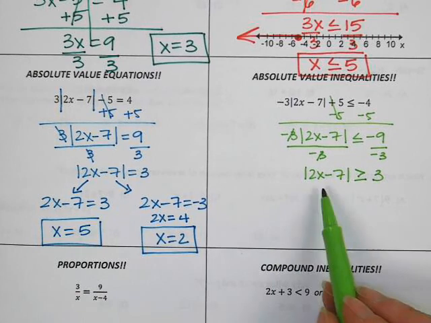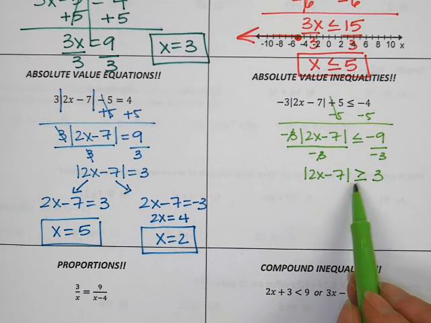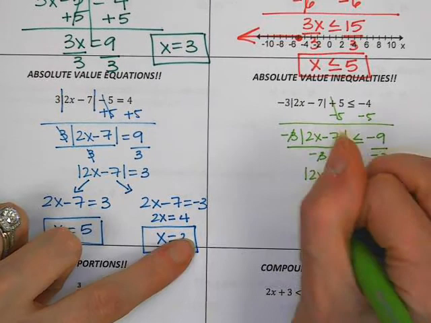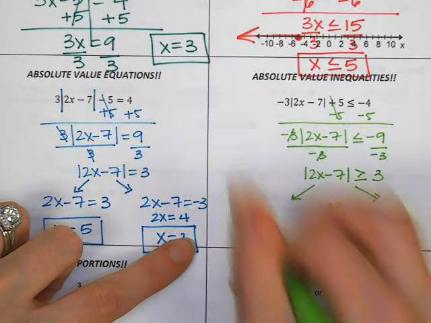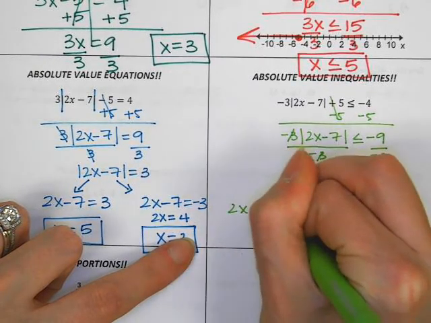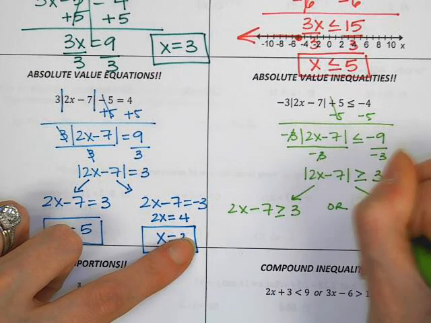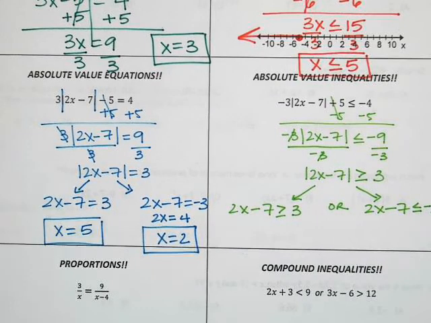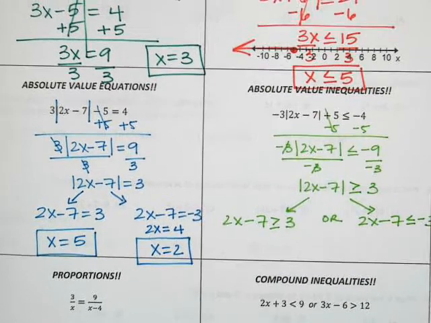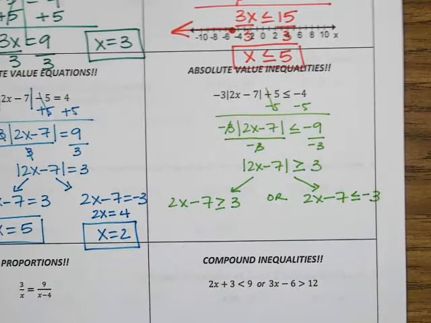Okay, if it's isolated and it's greater than, it's greater, so we set up an or. Now one of them is going to stay the positive 3, but the other one, we're going to flip the symbol and make it -3. Let me slide this over a little.